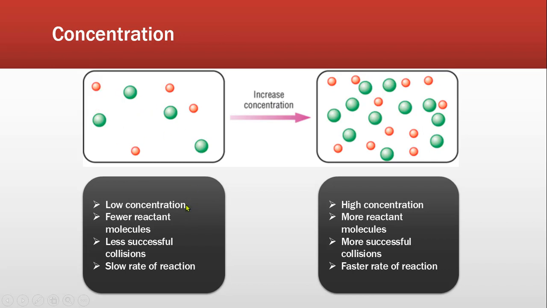So a lower concentration will have fewer reactant molecules, and if you have fewer reactant molecules, you must have less successful collisions, which would result in a very slow rate of reaction. Let's say this white part here is water, the water will be getting into their way.